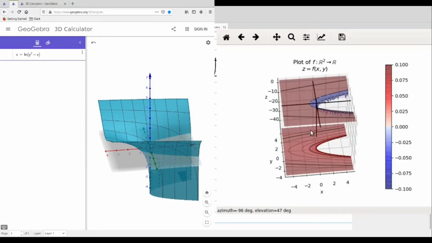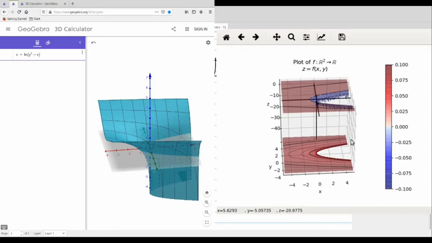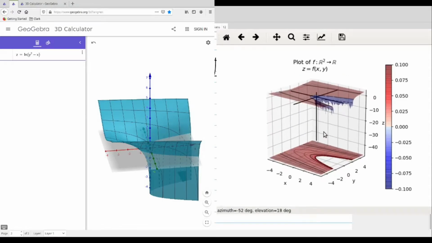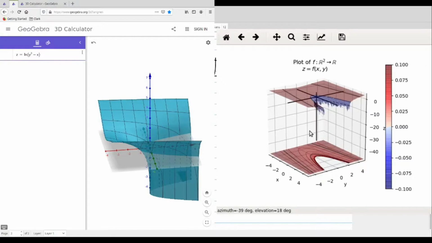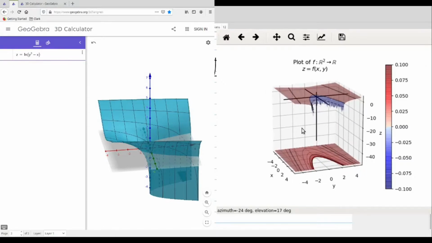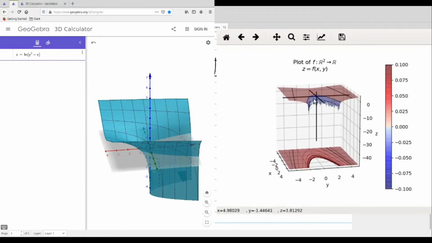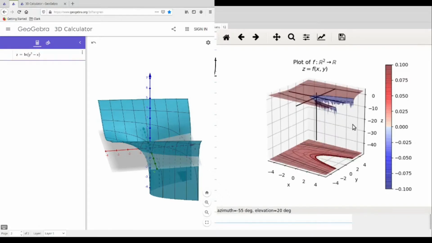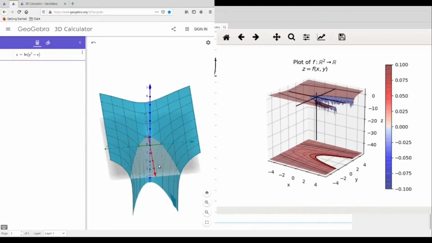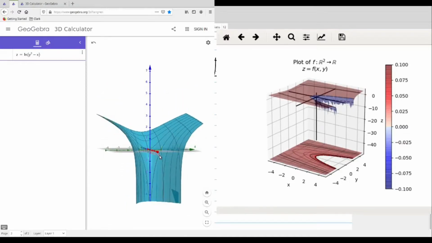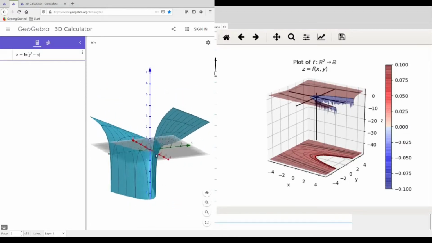So here you see the same picture from the Python code that I've plotted. Slightly different scaling, but you can see very clearly that it's going down to infinity at this point. There's a problem with the graphing here at that point. Same thing here, just different scaling. It scales it more extremely.